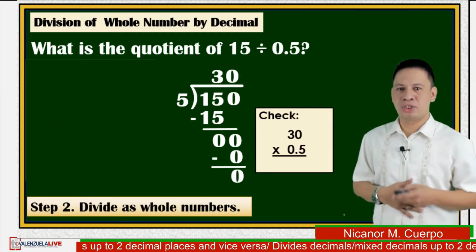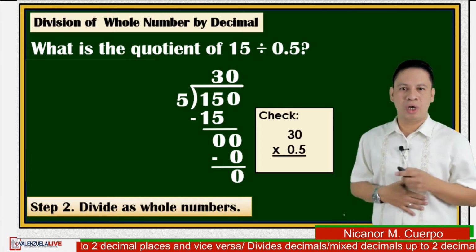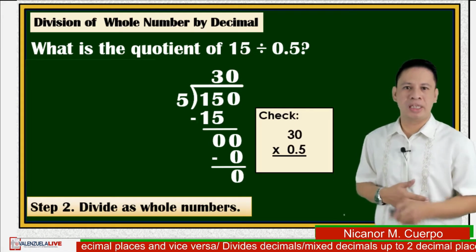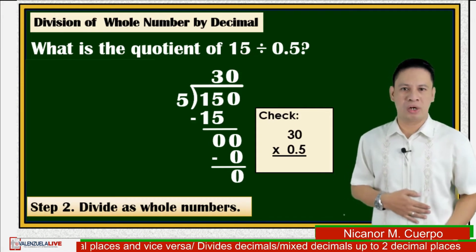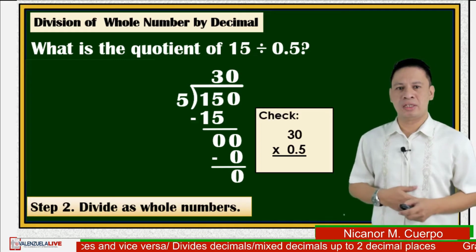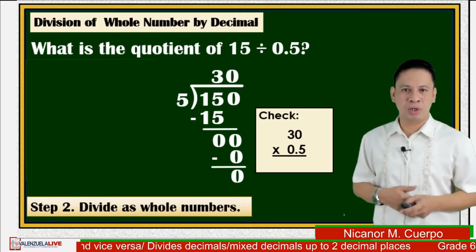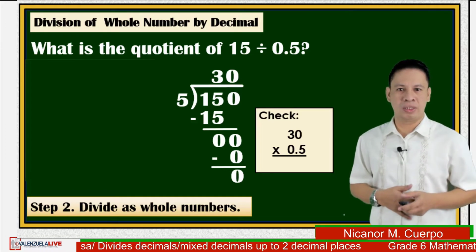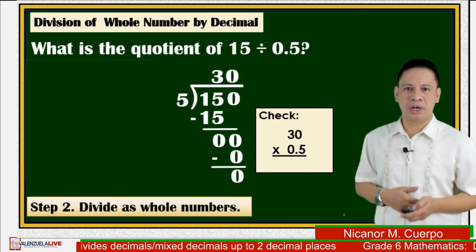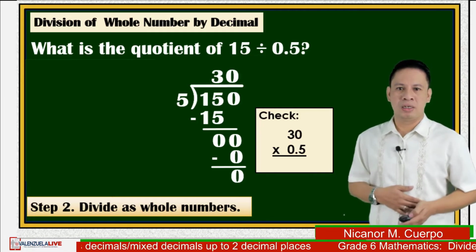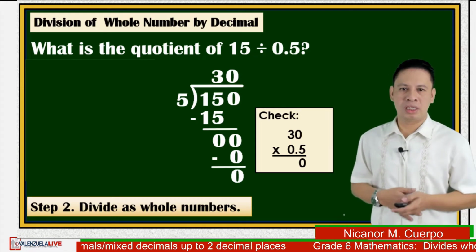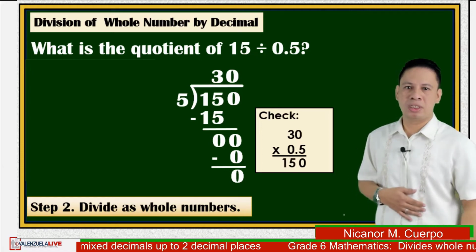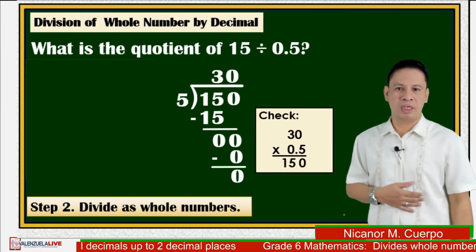Now, let us check our answer. We all know that division is the opposite of multiplication. We can use this idea to check our answer by multiplying our quotient to the given divisor, which is 30 times 5 tenths. So 5 times 0 is 0. 5 times 3 equals 15.